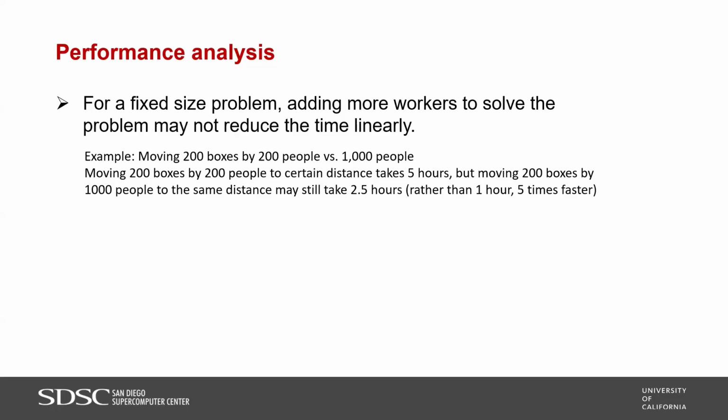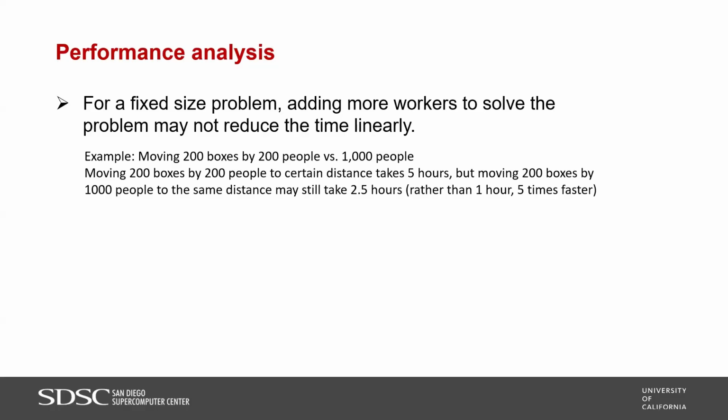For example, moving 200 boxes by 200 people versus 1,000 people. If moving 200 boxes by 200 people to a certain distance takes 5 hours, moving 200 boxes by 1,000 people to the same distance may still take 2.5 hours rather than 1 hour, which would be 5 times faster.